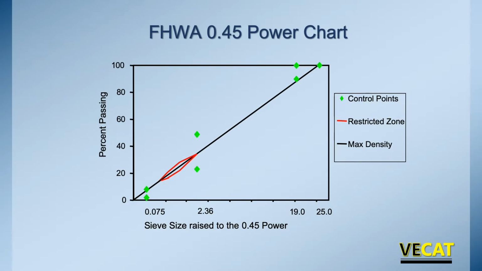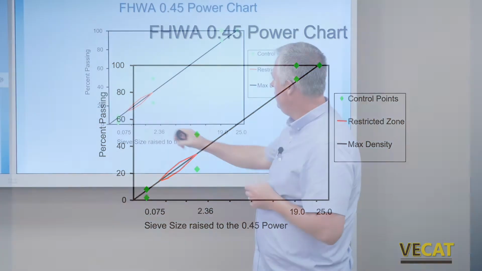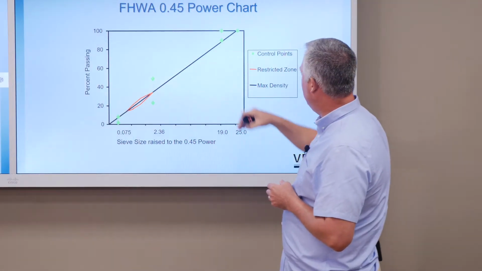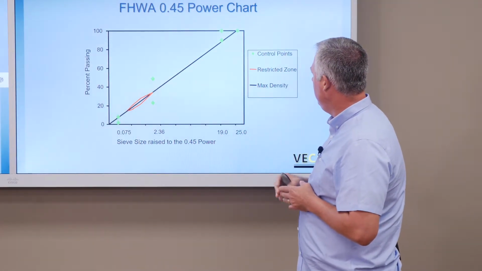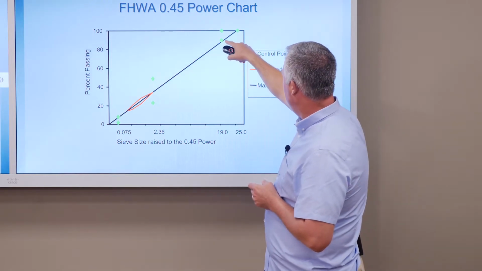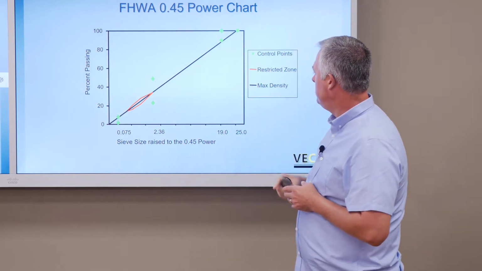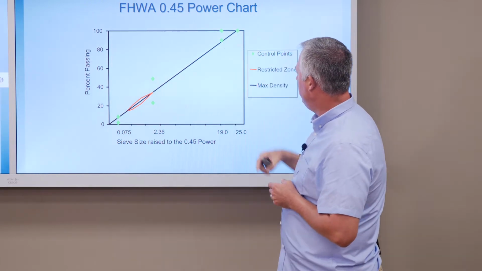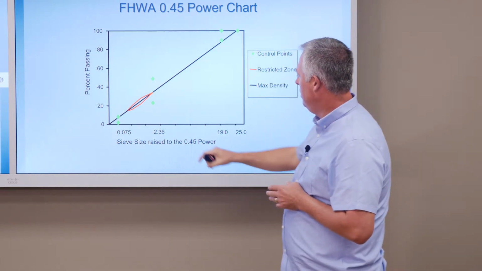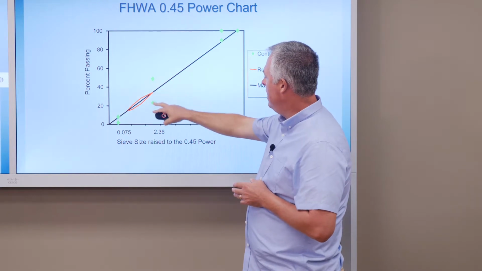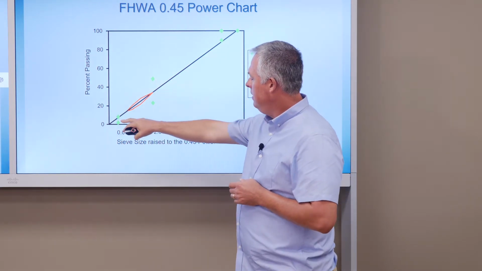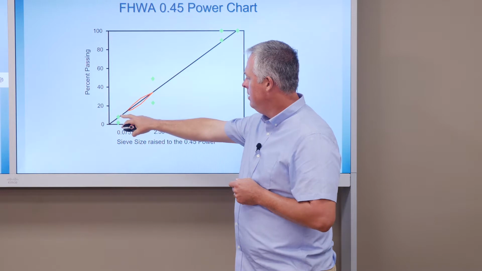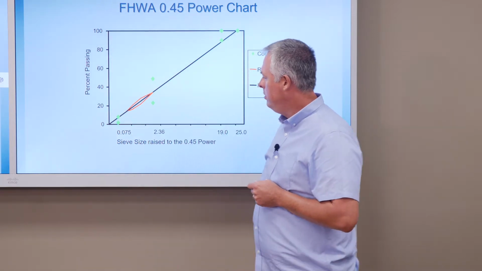So here's that same IM 19 mix. You can see the maximum density line going up here, and at the inch we're 100% passing, which is where we're starting. Here's our 3/4 where we've got to be 90 to 100. Here's our 28 to 49 at the 8 sieve, and here's our 2 to 10 or 2 to 8 on our 200 sieve.